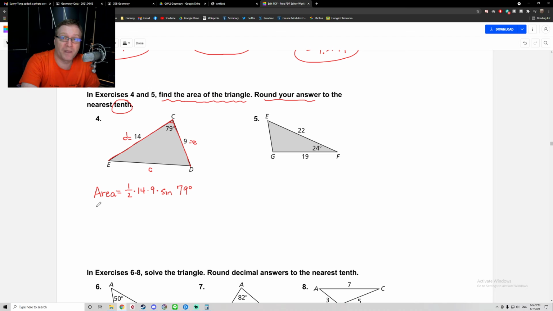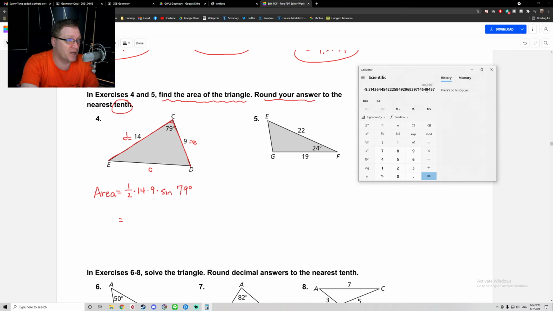All right? Great. So now we have this, and we can just type it into a calculator. Let me bring up a calculator here. What we're going to do is say 1/2, which I'm just going to write as 0.5, times 14, times 9, times sine of 79, which we do like this.